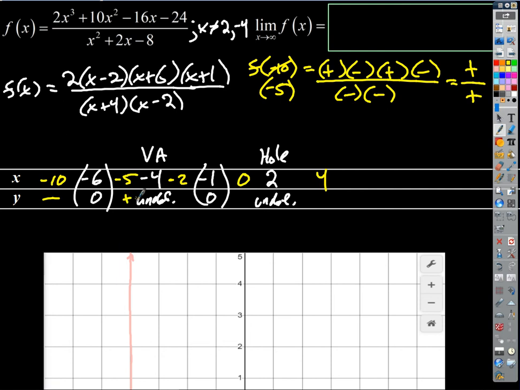Okay, what about at negative 2? At negative 2, we're going to get positive, negative, positive, so positive over negative, agreed? Which is negative.